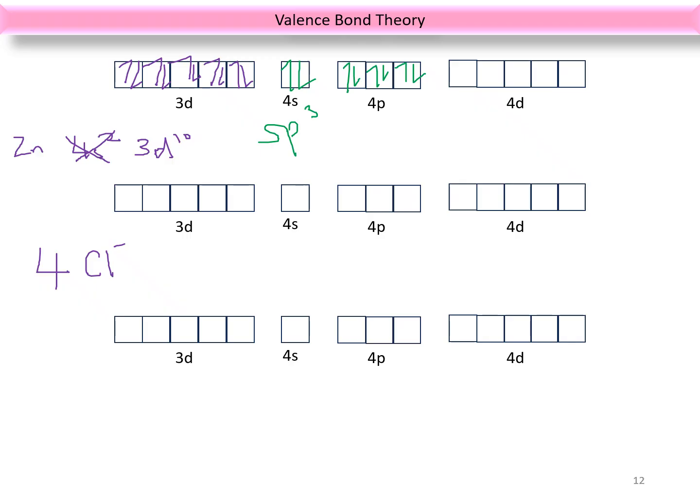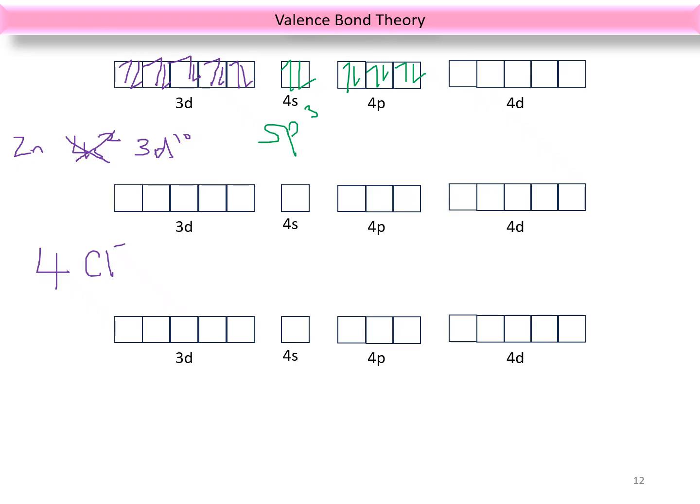What if a strong ligand is used? Remember, because the d orbital is already fully filled, even if the ligand is strong, the ligand will not force electrons in the d orbital to pair up because they are already paired.